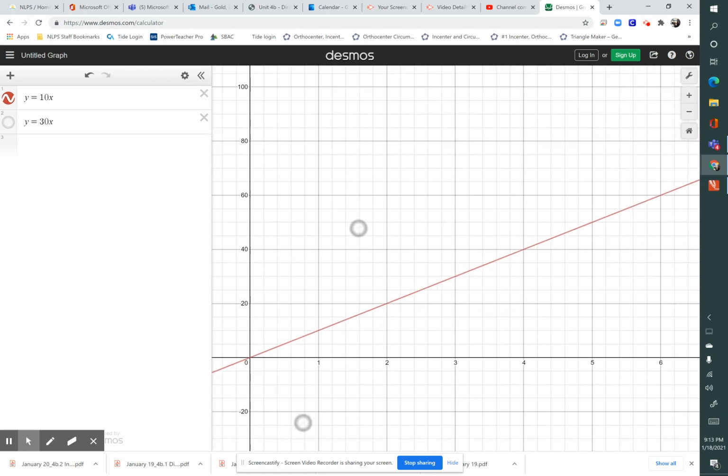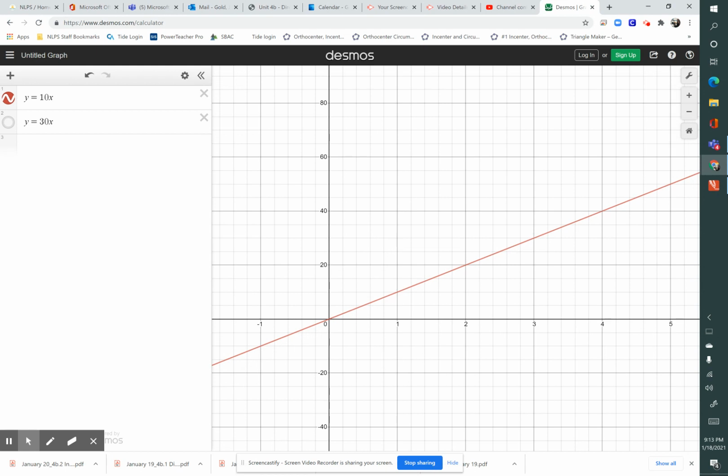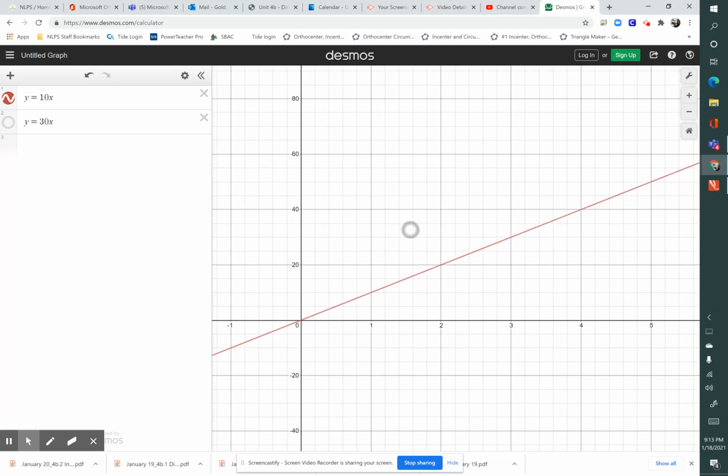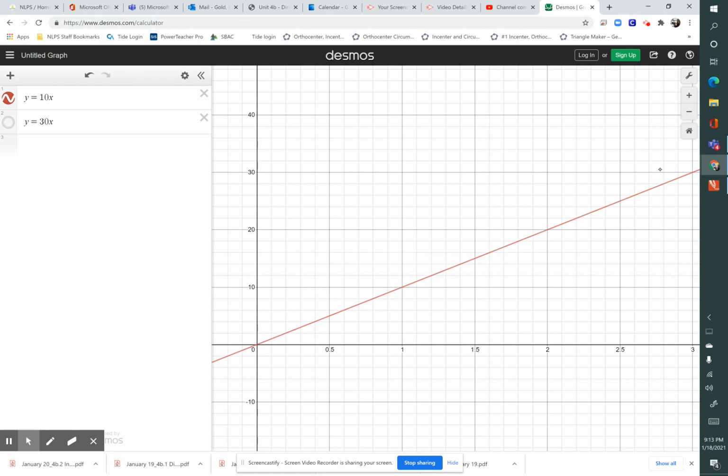Let me get the graph back to where I want it. So if you work a half an hour, so let's find 0.5 on the x-axis. And so you would earn $5. 0.5 on the x-axis is 5 on the y-axis, $5.